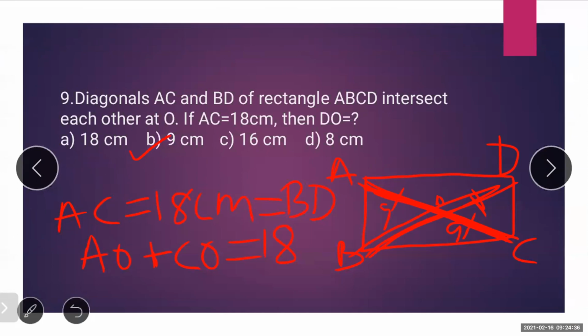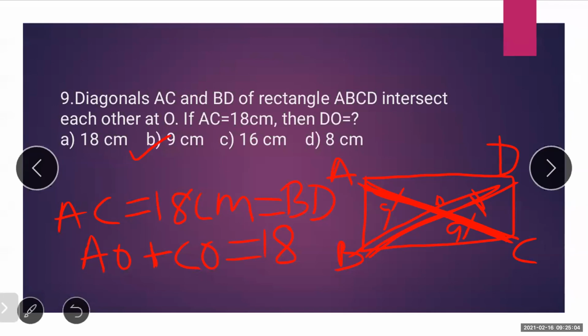Four options are given: option A 18 centimeter, option B 9 centimeter, C 16 centimeter, and D 8 centimeter. Now we are going to apply the properties of a rectangle. First, the diagonals of a rectangle are congruent. At the same time, they bisect each other.